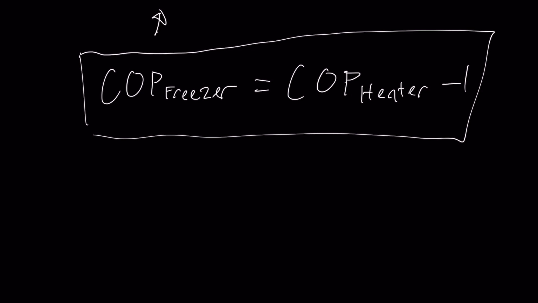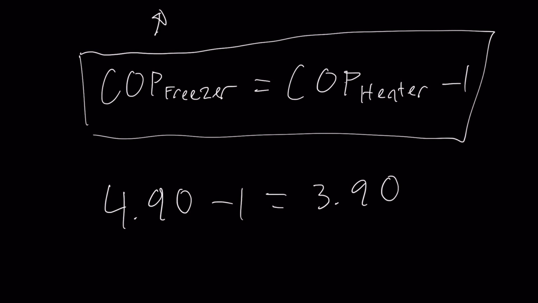So if we're turning this heater into an air conditioner, into a freezer, the coefficient of performance, which was 4.90, well, all we have to do is subtract 1, and that's going to give us the coefficient of performance for the freezer. And the same can be said for the opposite.